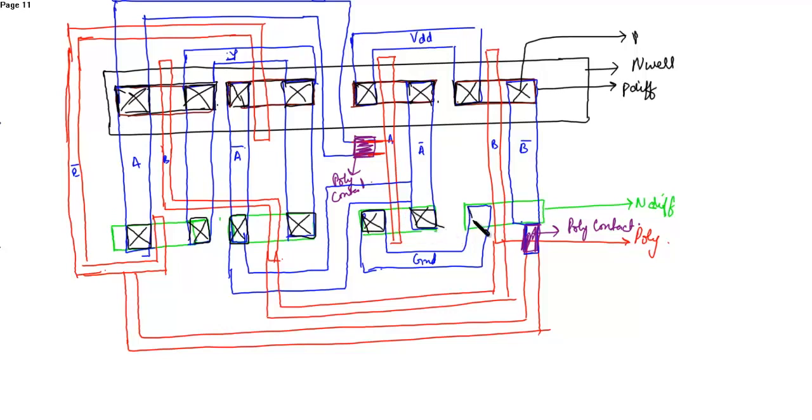These are the N diffusion contacts. After placing the diffusion contacts, next you have to place the substrate contacts, and the substrate contacts are placed in VDD and ground. So you can place one over here, similarly one over here.